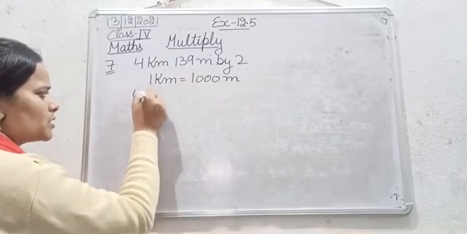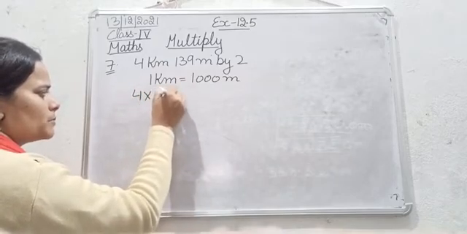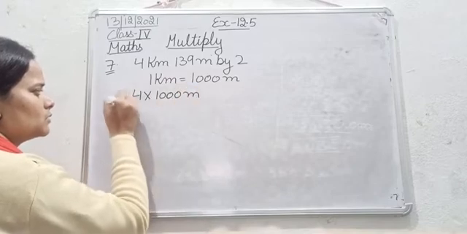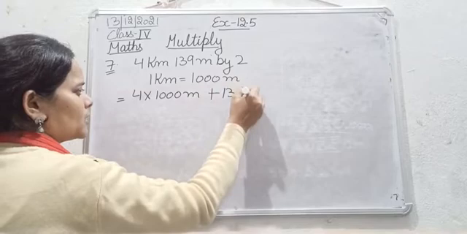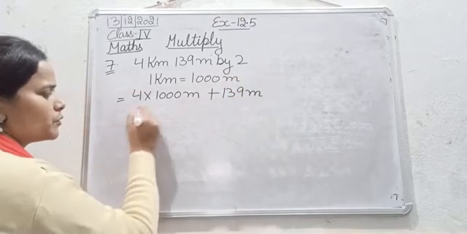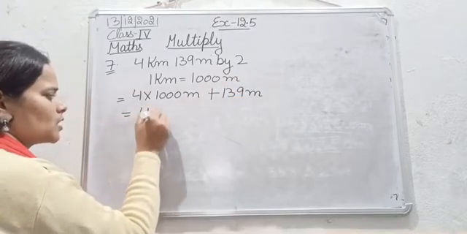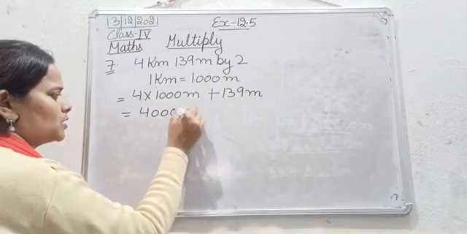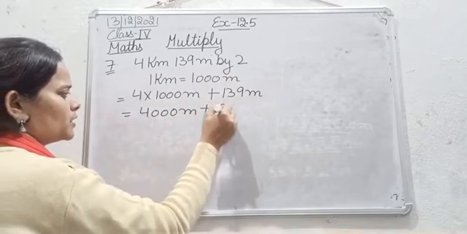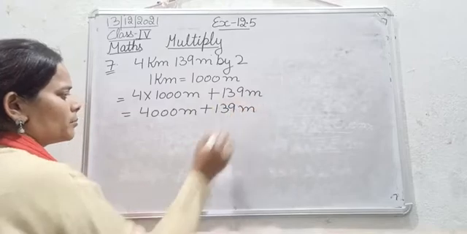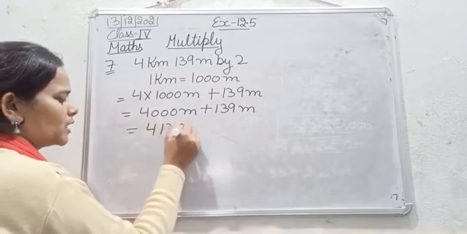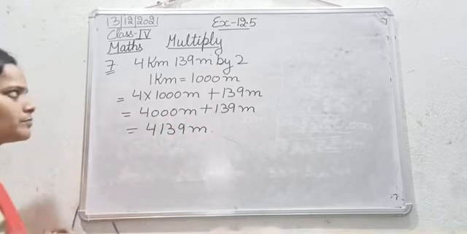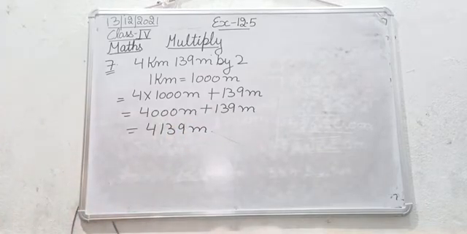So 4 kilometer will be converted into meter by multiplying it with 1000, plus 139 meter. So 4 into 1000 is 4000 meter plus 139 meter. After adding these, you will get 4139 meter. So 4 kilometer 139 meter is equal to 4139 meter.